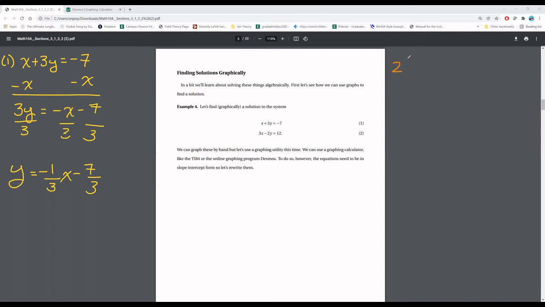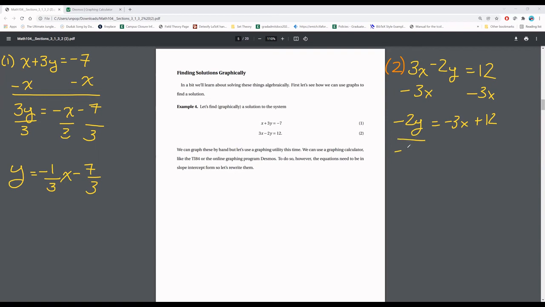Equation 2, a bit too dark, so we'll just stick with the yellow. It's 3x minus 2y equals 12. I will subtract 3x from both sides. So negative 2y is equal to a negative 3x plus 12.